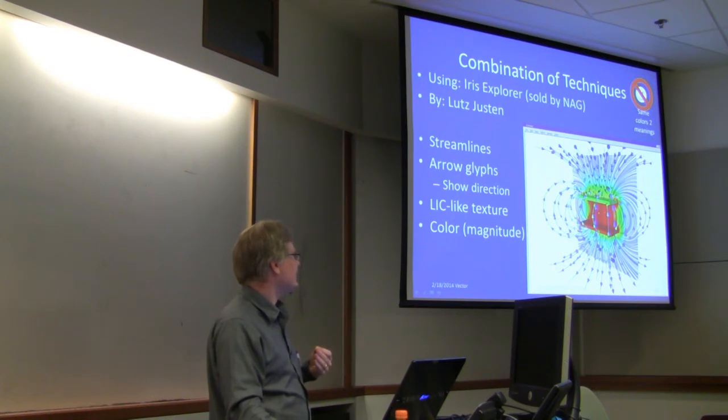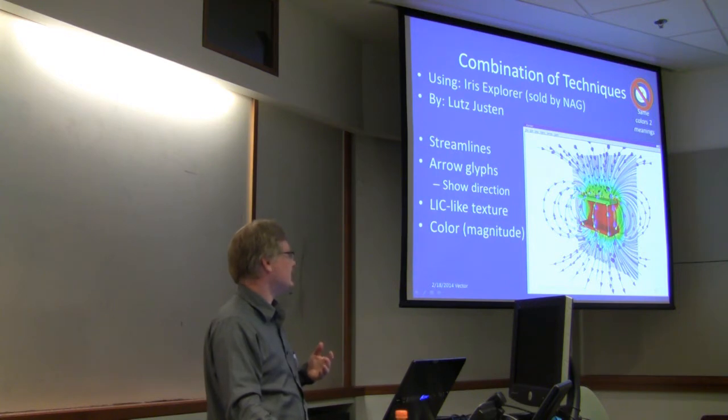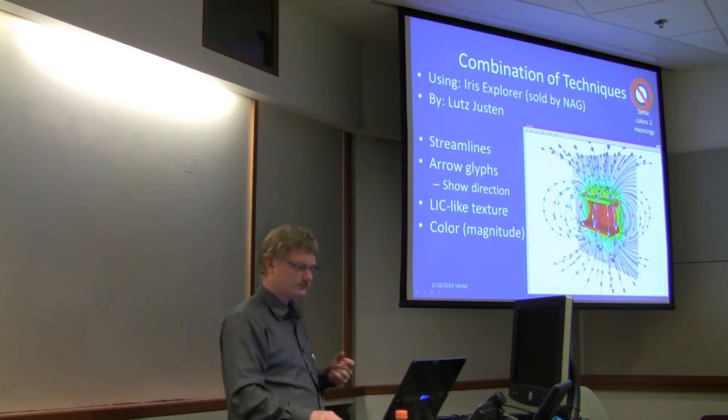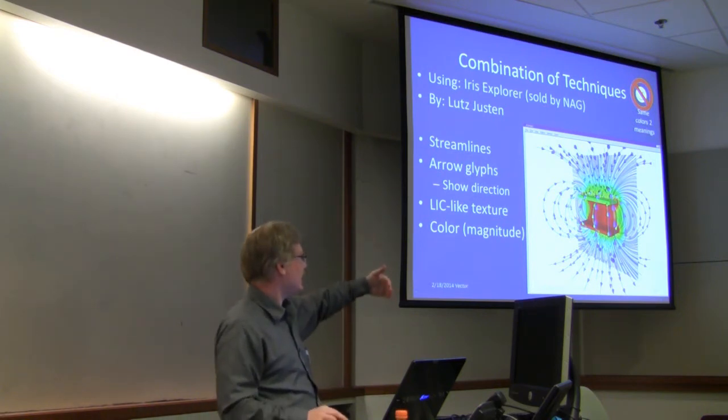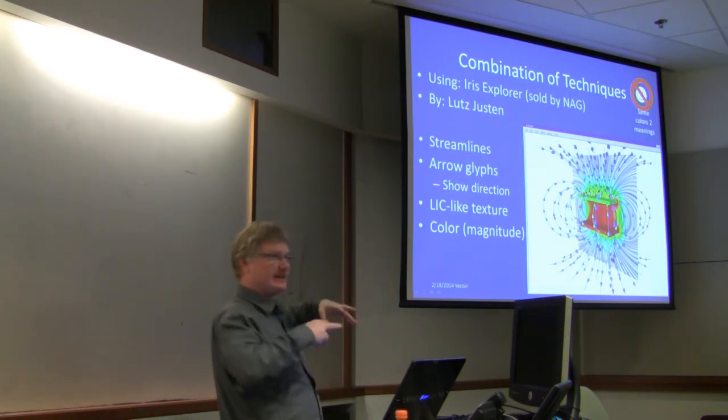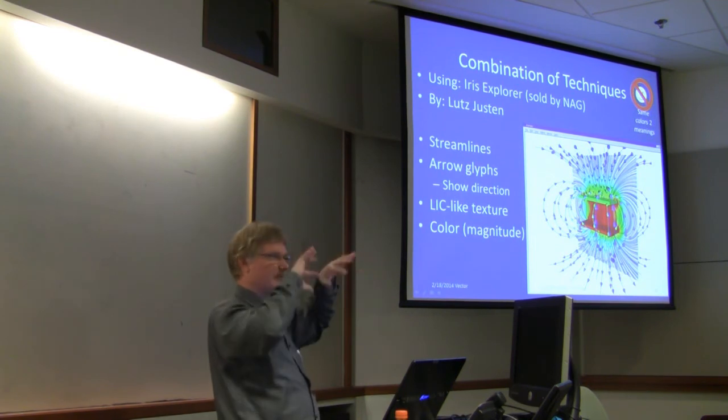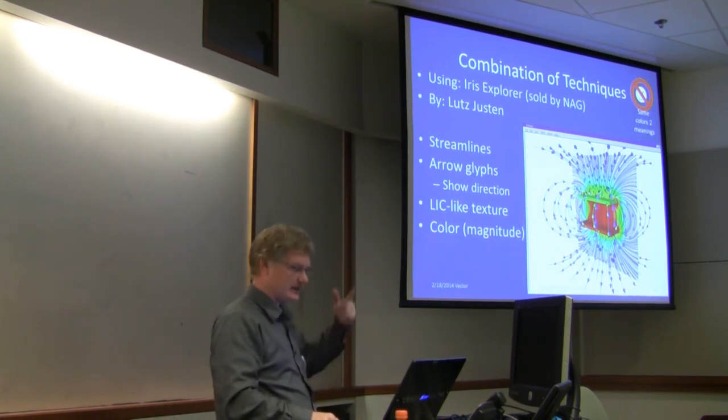And then we've got a color map in the plane showing the magnitude of the field, which unfortunately uses the same red and green colors, though not meaning the same thing. This gives you a good high density on a slice, but then you can see how that changes as you come around because of the low density streamlines, and the arrow glyphs help with that.